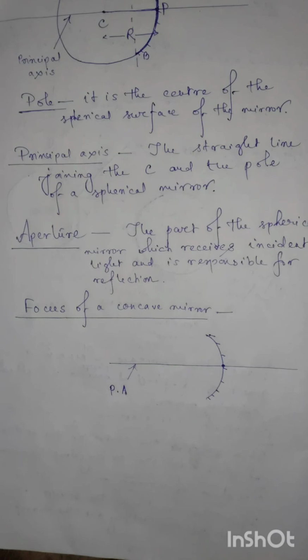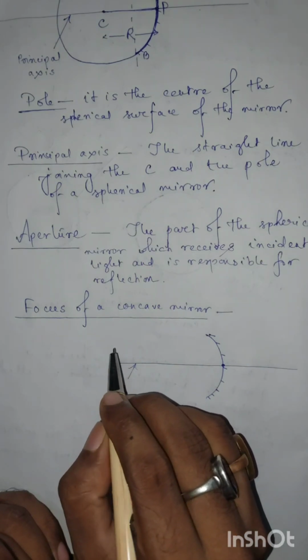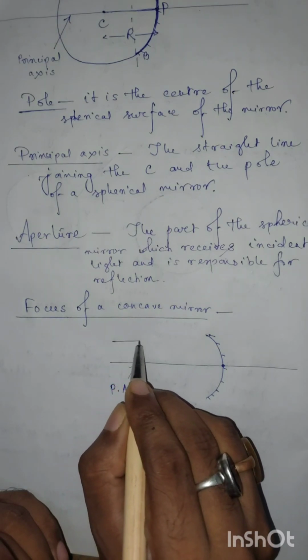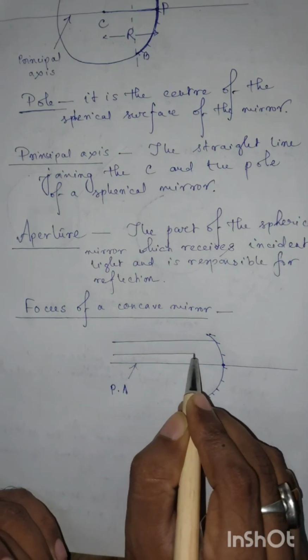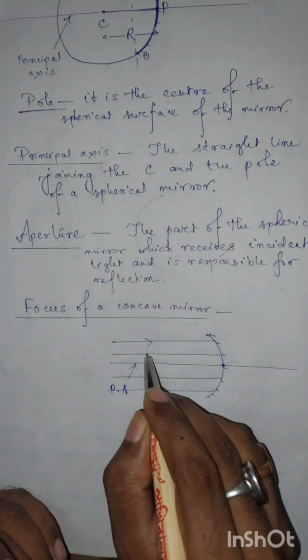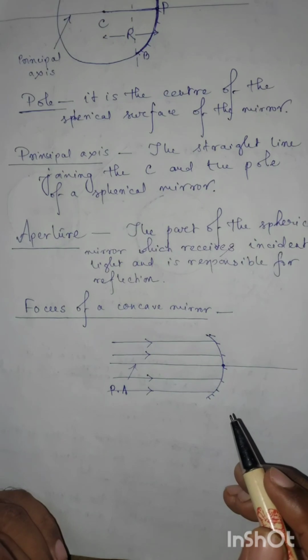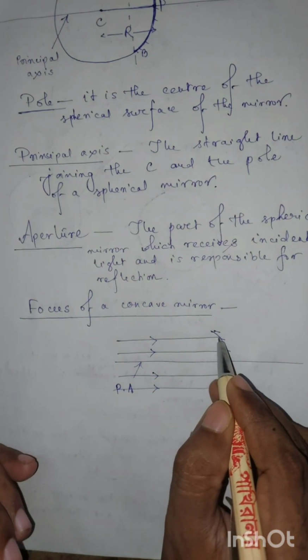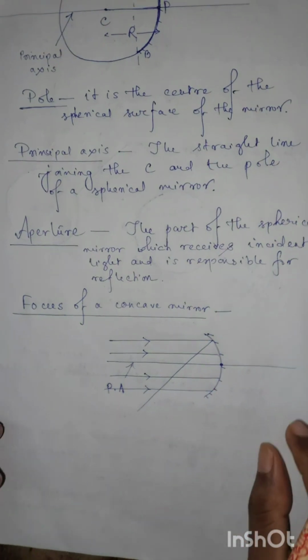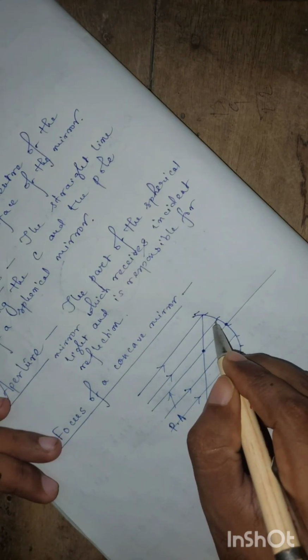So incident rays or incoming rays which are parallel to the principal axis are striking the mirror, and after striking the mirror, they get reflected, and the reflected rays pass through a certain point on the principal axis.